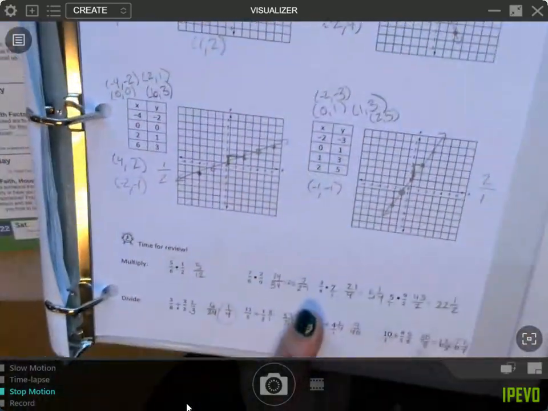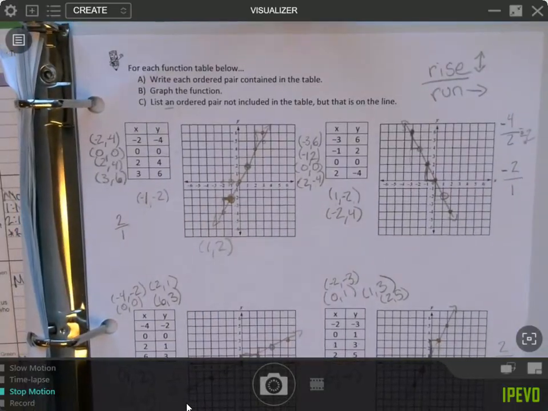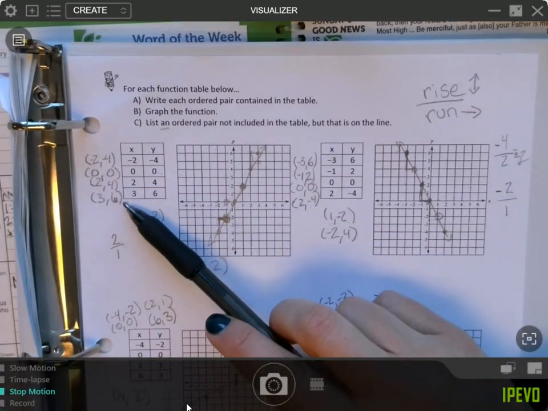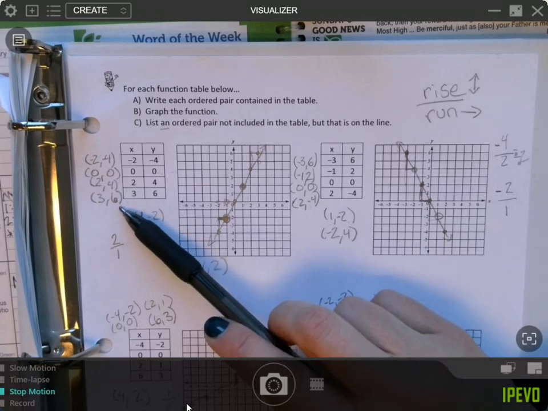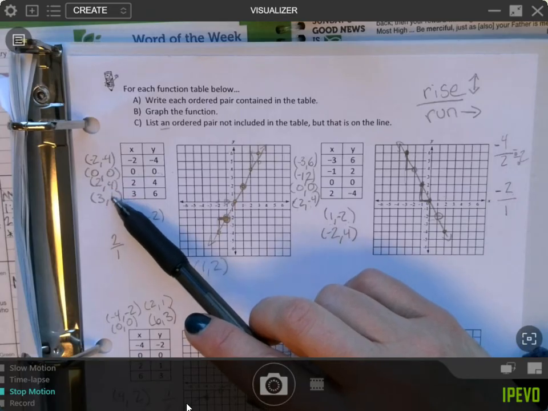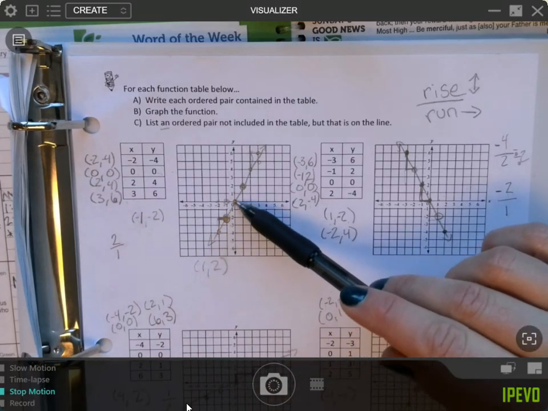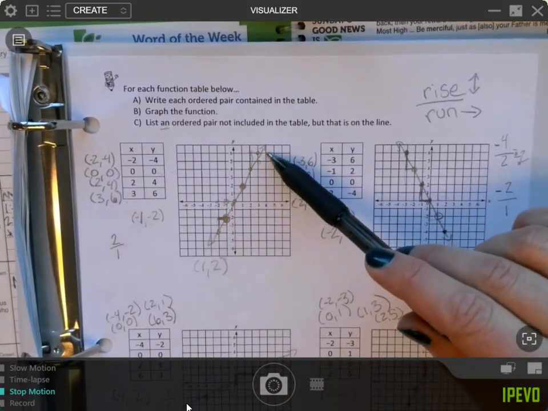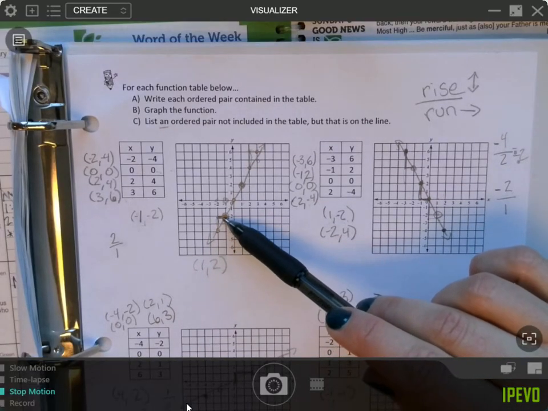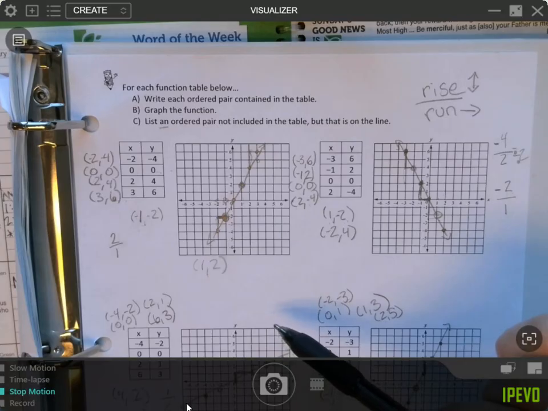Let's look at our second page. Again, we had to list our ordered pairs. So we had -2, -4, 0, 0, 2, 4, 3, 6. We had to graph it and draw our line, so your graph should look like this. We had to find the slope so we could find an ordered pair that's not listed.